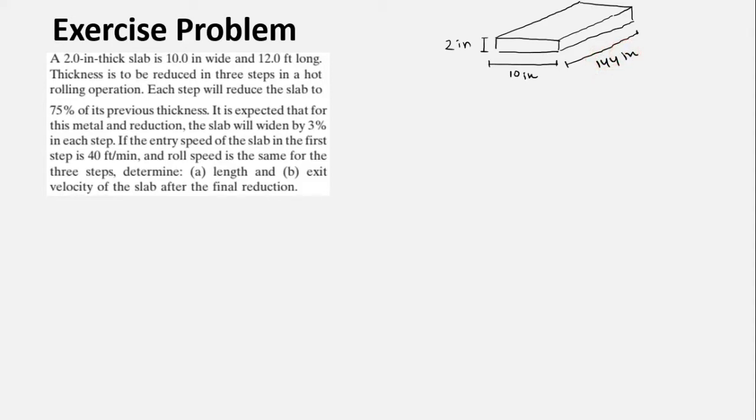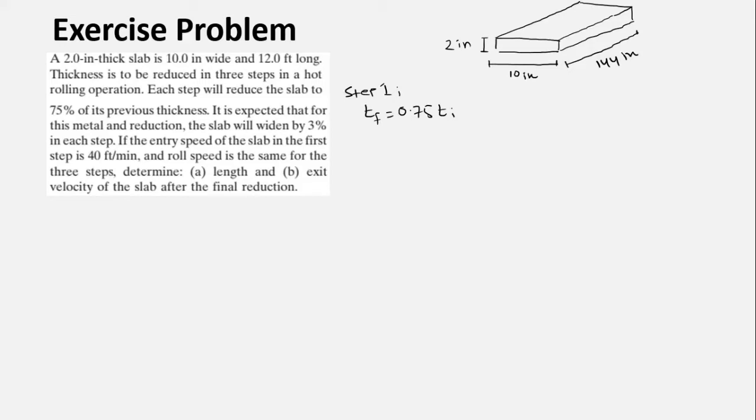Now it says thickness is to be reduced in 3 steps, right? In a hot rolling operation, each step will reduce the slab to 75% of its previous thickness. So let's suppose in step 1, the final thickness would be 0.75 into the initial thickness.